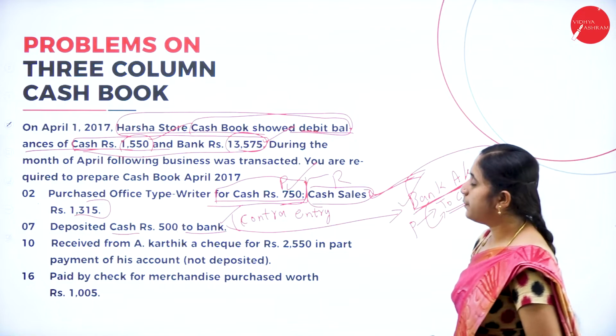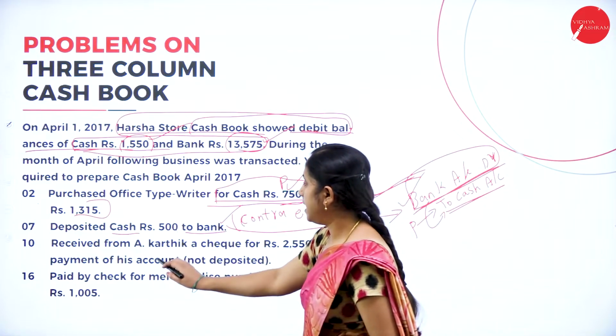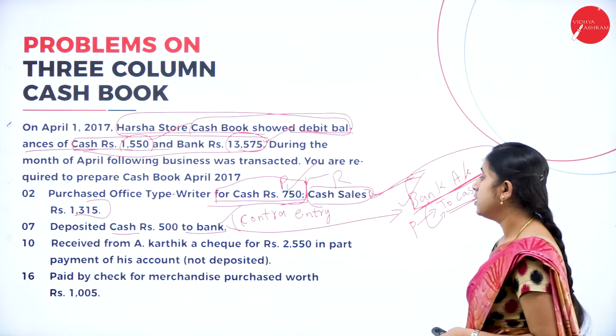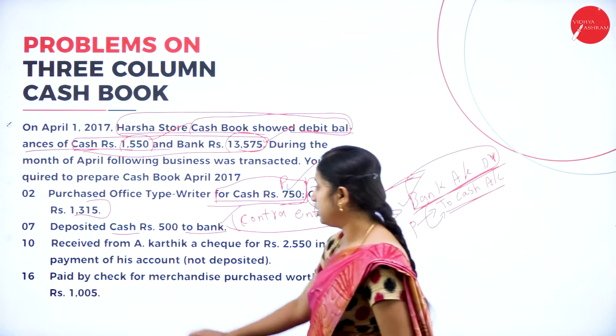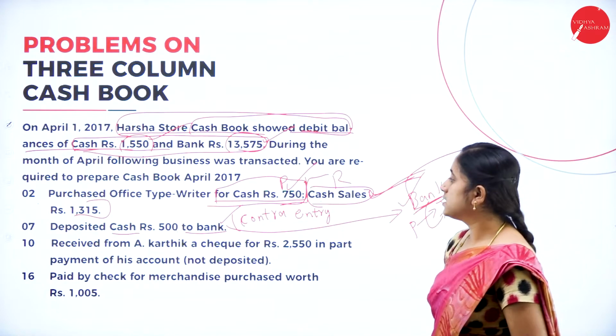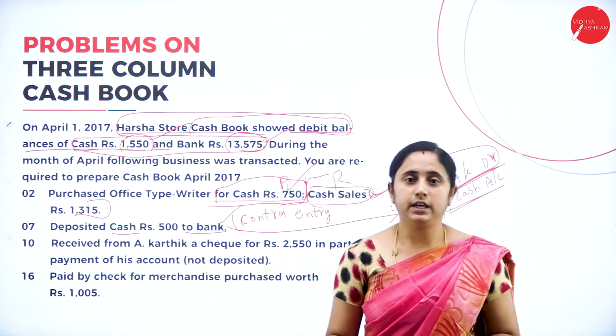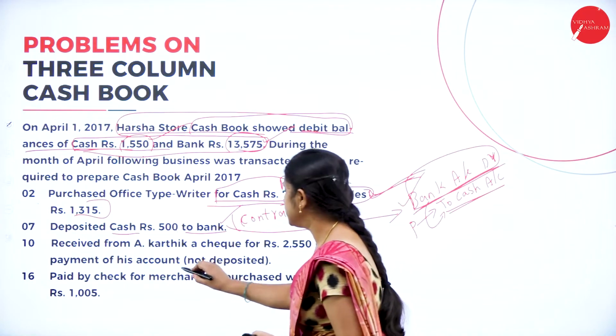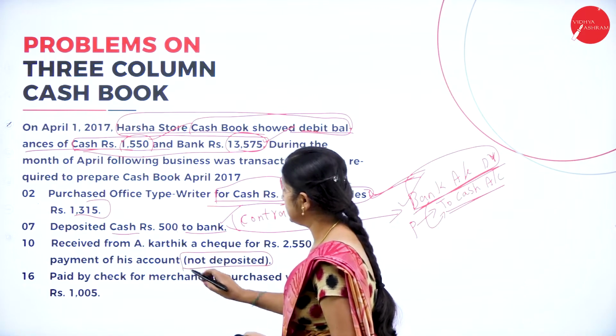Next, April 10th, received from A. Karthik a check for rupees 2,550 in part payment of his account, not deposited. That means you received a check from Karthik but did not deposit it.